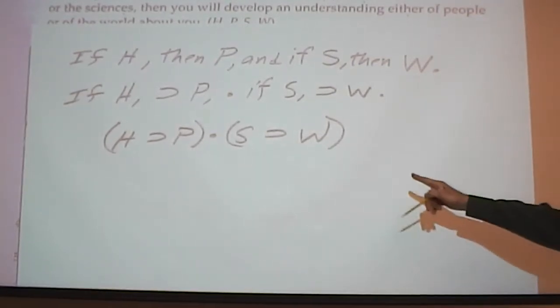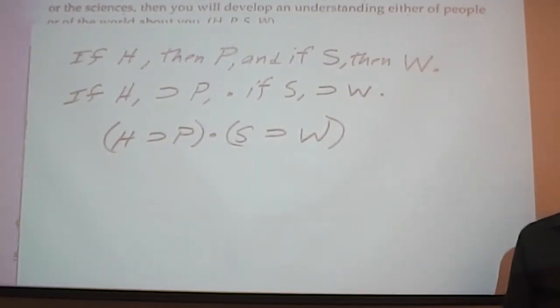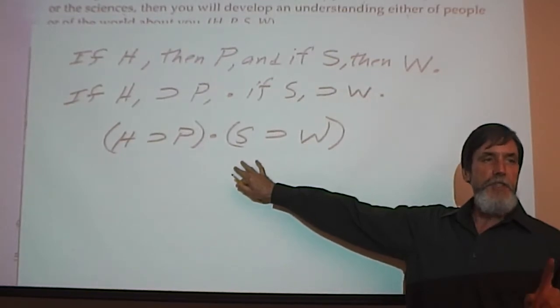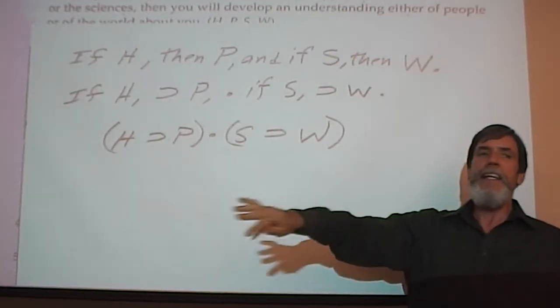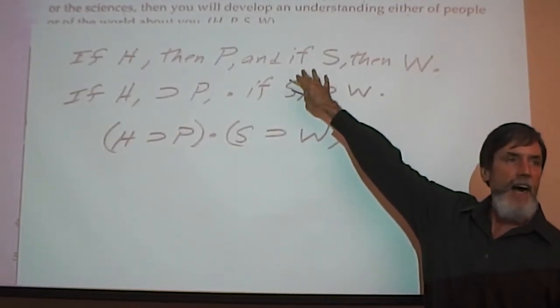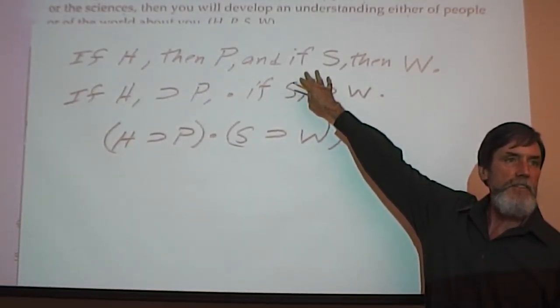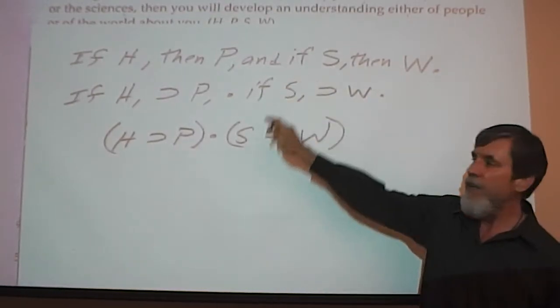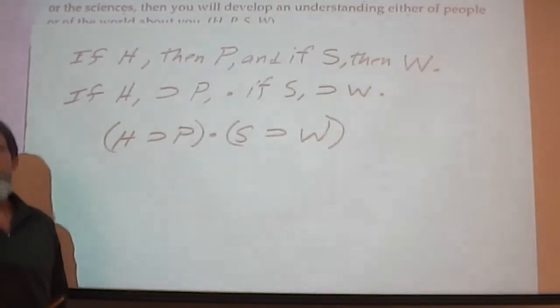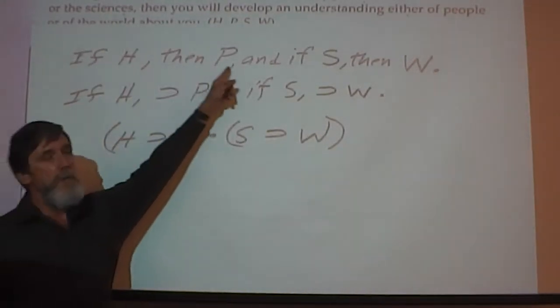Now, if we've got those parentheses in the right place, then when you read this symbolic statement, it's like 99 times out of 100, it should read the same way our first level of translation reads. So I'm going to read this symbolic statement, and if you like, you could read along up here.